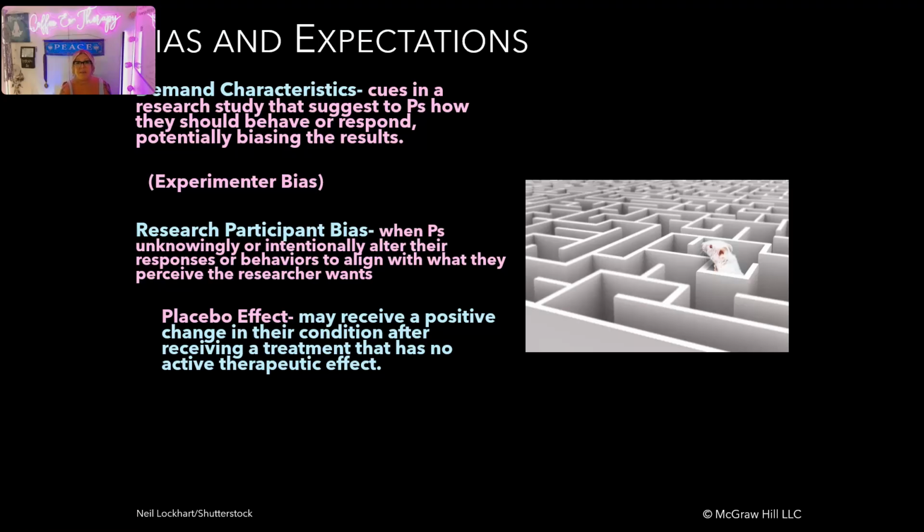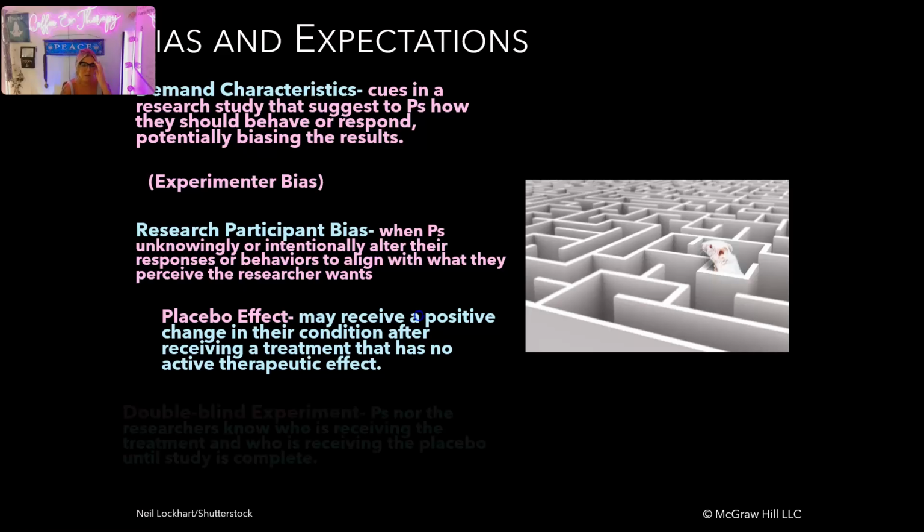And then there's what's called the placebo effect. There's a lot of terms in chapter 1. The placebo effect, you may receive a positive change in condition after receiving a treatment that has no active therapeutic effect. We're going to get into manipulation later, but this is just to make sure that the experiment is balanced out.